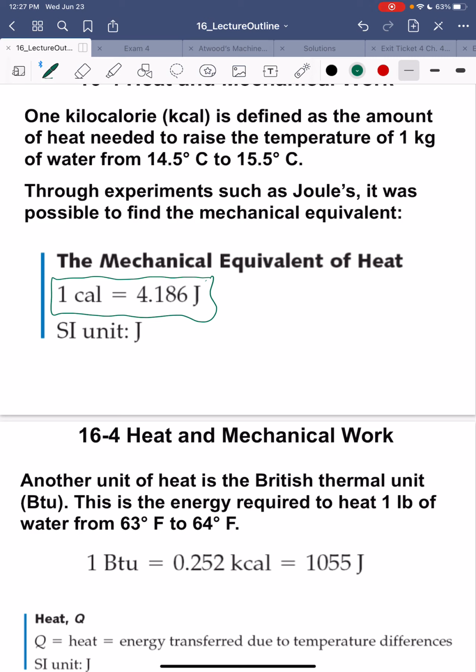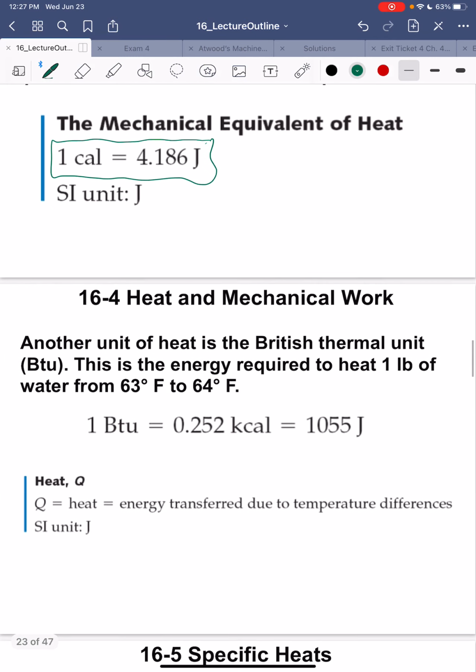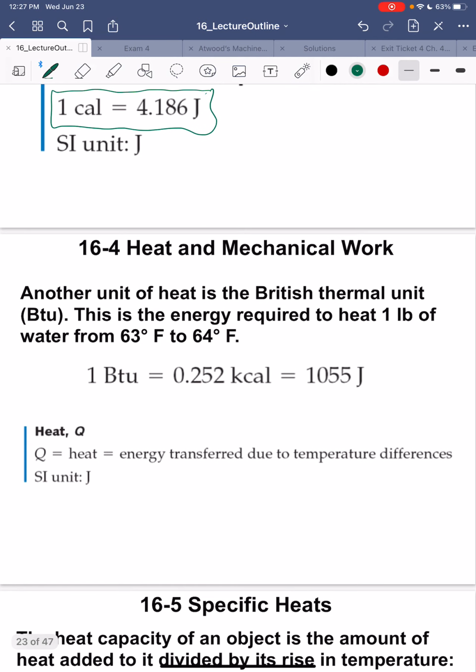Another unit we use here in the United States is the British Thermal Unit, BTU, which is the energy required to heat 1 pound of water from 63 to 64 Fahrenheit.